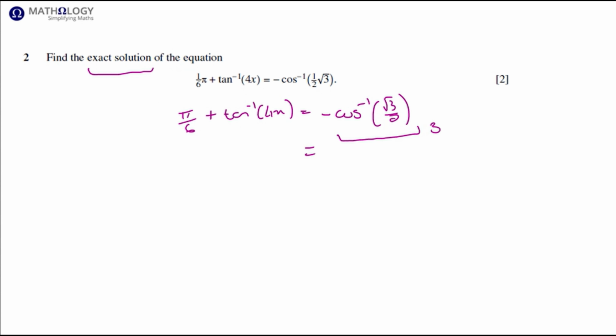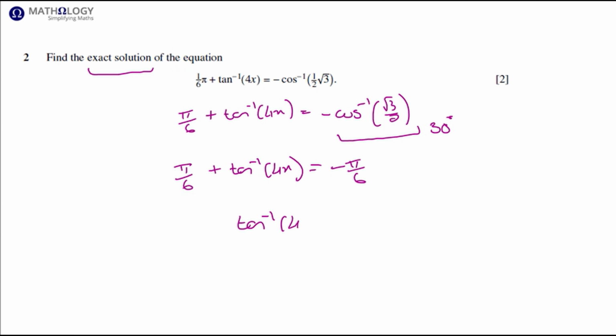This would evaluate to 30 degrees, but we are dealing with radians. So 30 degrees in terms of radians is pi by 6, and we've got that minus sign over there. And then we have pi by 6 on the left plus arctan 4x.